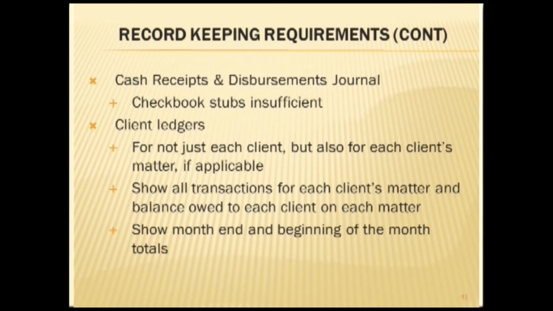We show all the transactions for each client's matter and the balance owed to each client on each matter. This is critical. Show the month-end and the beginning of the month totals on both the ledgers and the journal.